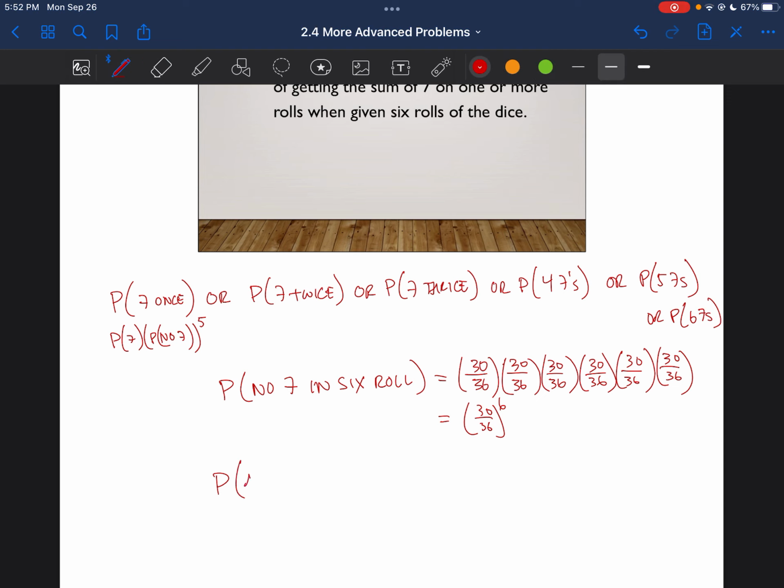The probability that I get at least 1 7 in 6 rolls plus the probability that I never get a 7 in 6 rolls is going to be 1, because these are complements of each other. Now I just found this. This is the 30 over 36 to the 6th power.